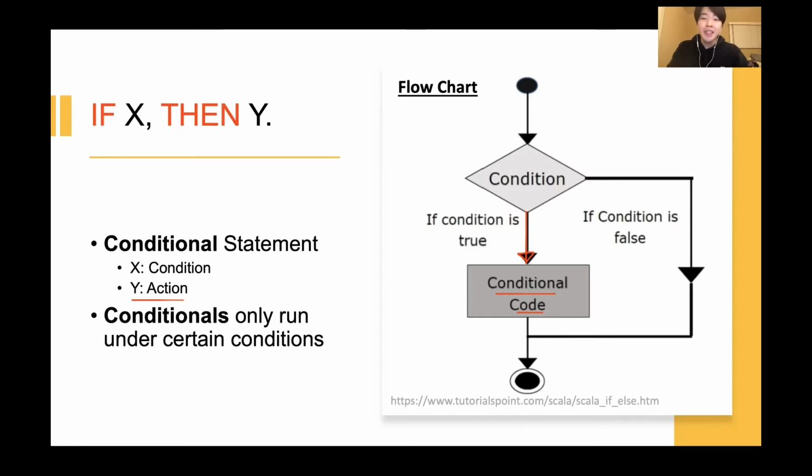So this is the true case, right? But what if it's not true? Then you go to another path, okay? So at the end, what happens? Either way, you end up at the same point. But the difference is that if you go through true, you do this action, but if you go through false, there's no action. Okay. So this is called a conditional statement.